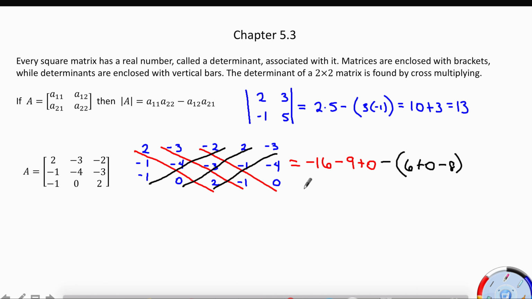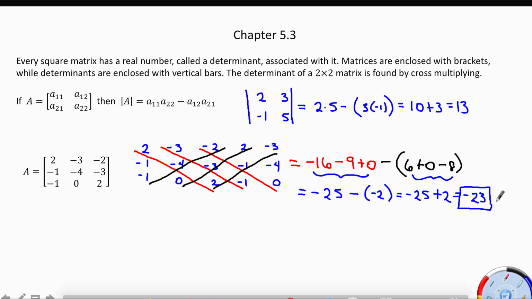So we would have negative 25 minus negative 2, or negative 25 plus 2, so negative 23.